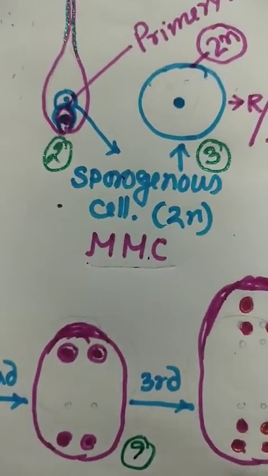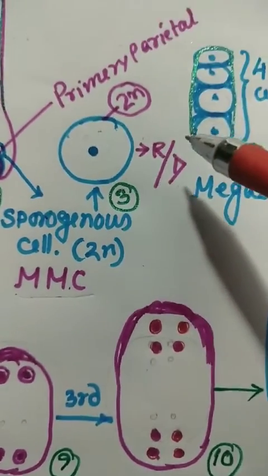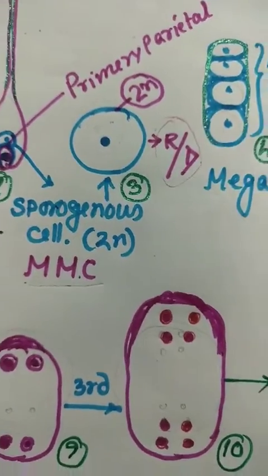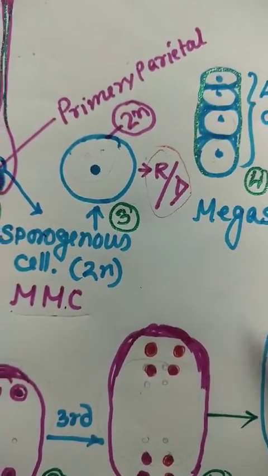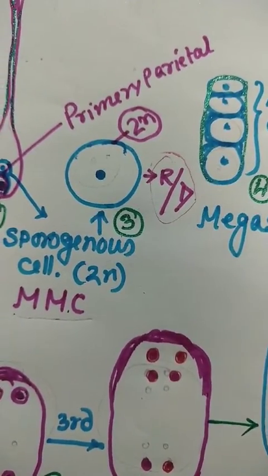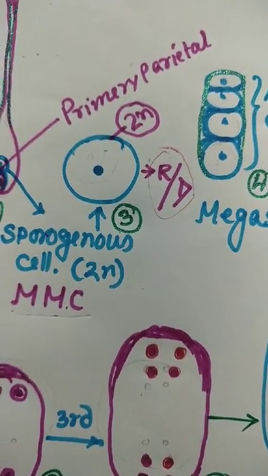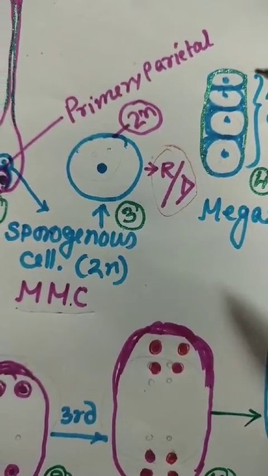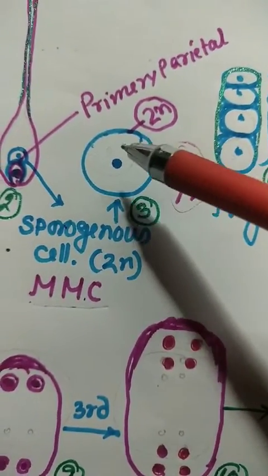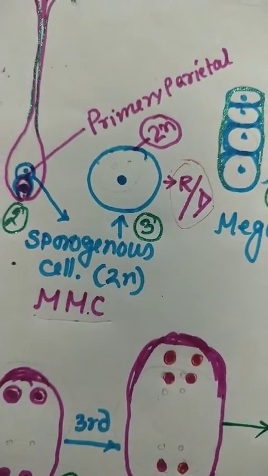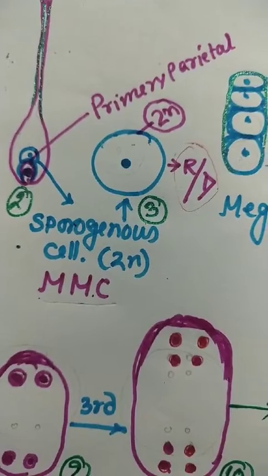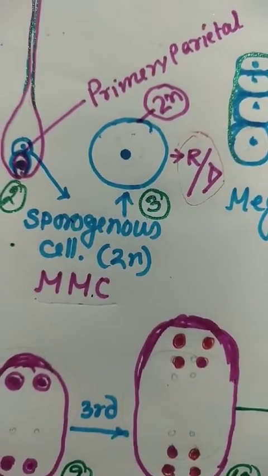Now, this megaspore mother cell undergoes reduction division. One important point here: if you remember microsporogenesis, the microspore mother cell forms from sporogenous cell. This microspore mother cell undergoes mitotic division, forming a large number of diploid microspore mother cells.